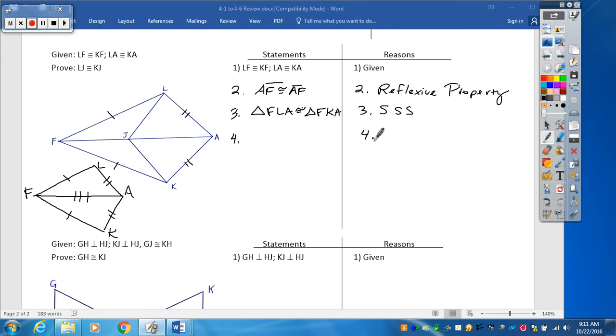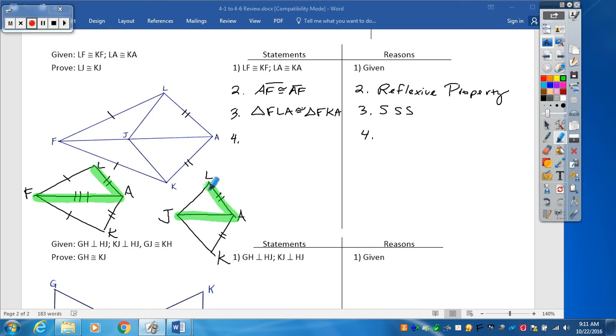Now from there, I asked you to go ahead and prove the other two triangles congruent, JLA and JKA. So if I draw this out, something like this, I'm going to mark those two congruent to each other. I would hope that you guys are seeing this, but if you don't, not a big deal. We're going to continue to talk about this tomorrow. But it's this, that this angle right here is the same angle as this angle right here.